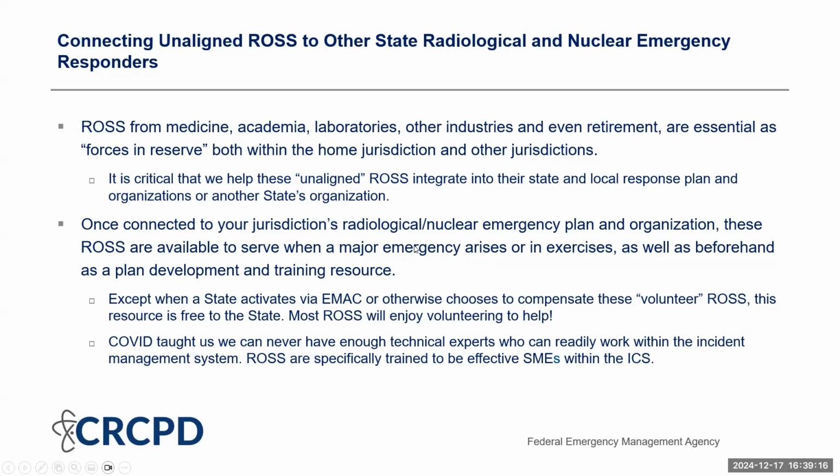Once you do get connected to a jurisdiction, we hope that you get incorporated into the planning, the training, and that's where we sell ROS to state and local jurisdictions. ROS can help you. They don't have to be on your payroll. They can do some things like train responders, develop RDD or nuclear detonation plans.